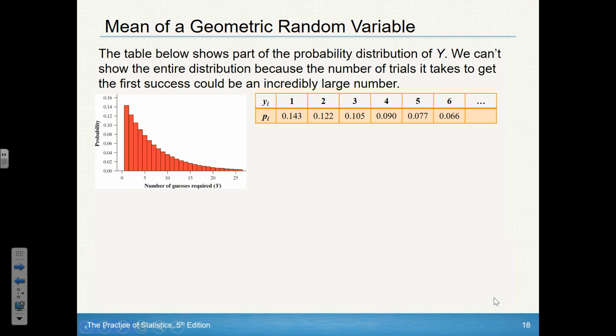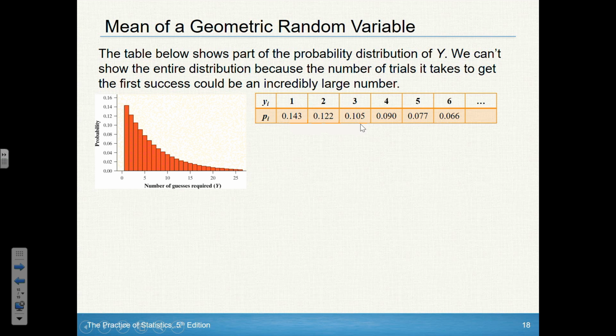Now, a couple things to note about when we look at these distributions. When we looked at the binomial random variable, the shape of that distribution varied depending on what p was. But when we look at the shape of the geometric random variable, it's always going to be skewed to the right. Because if you think about it, when you go from the probability that y equals 1 to y equals 2, you're multiplying by the probability of failure each time.